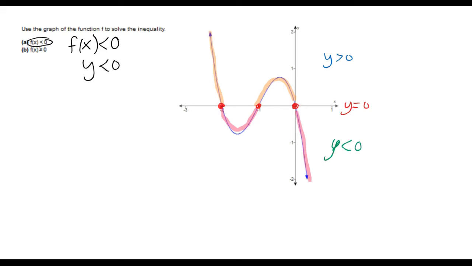So when I'm looking at my picture for the first one, I'm looking for when f of x is less than 0 or y is less than 0. So I'm looking at all these pieces that are below the x-axis. And I want to write down what x values have a y value that is less than 0.